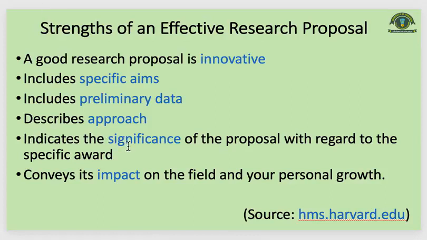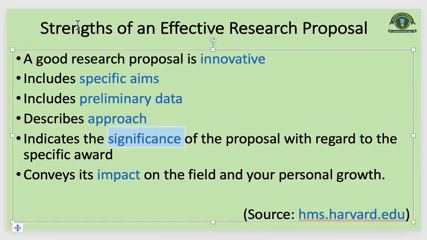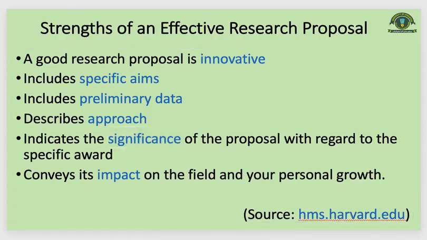It indicates the significance of the proposal with regard to the specific award. So, if you're applying for a funding or something, it needs to indicate the significance of your research with regard to whatever the funding has been announced for.